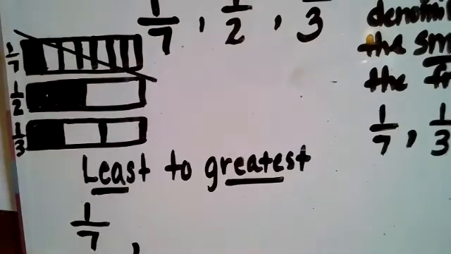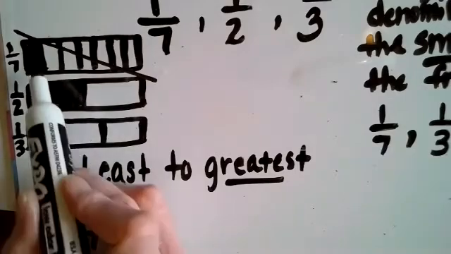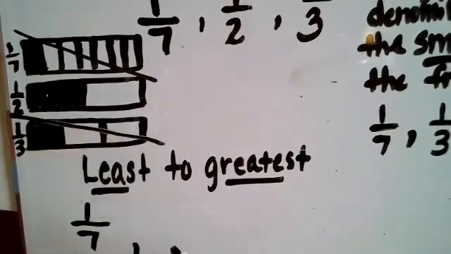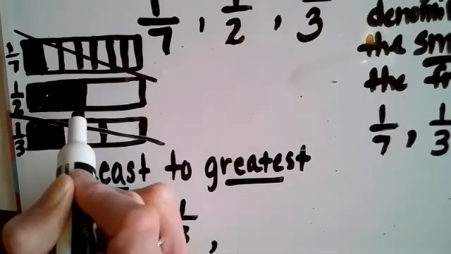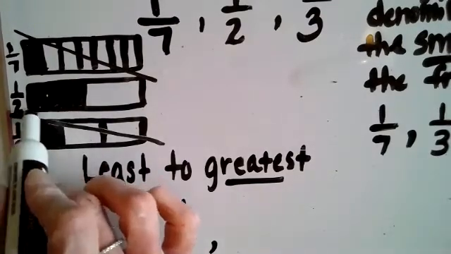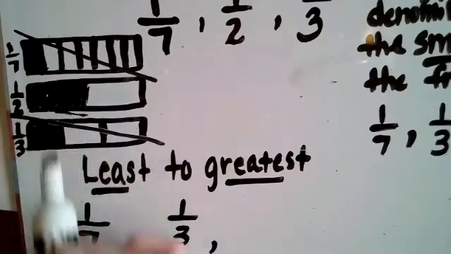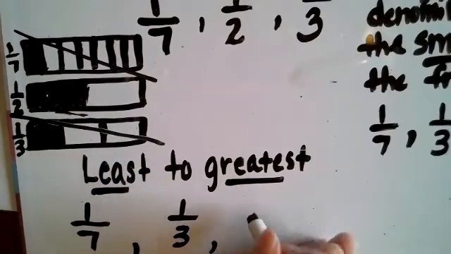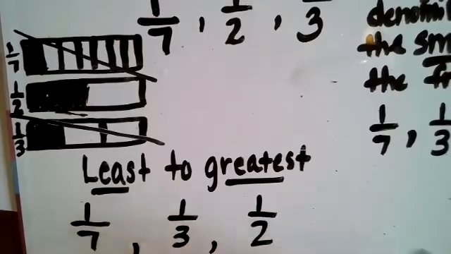Then I'll cross it out. My next smallest, or middle fraction, must be the 1/3 that Miss Clark ate. And then my greatest fraction, the largest piece I colored in, would be 1/2.